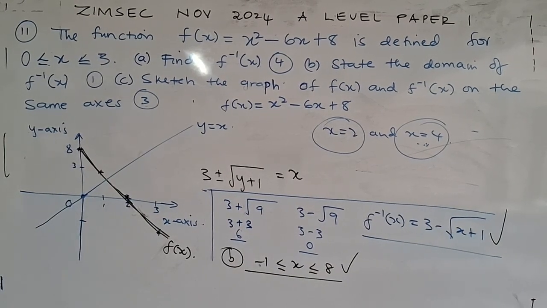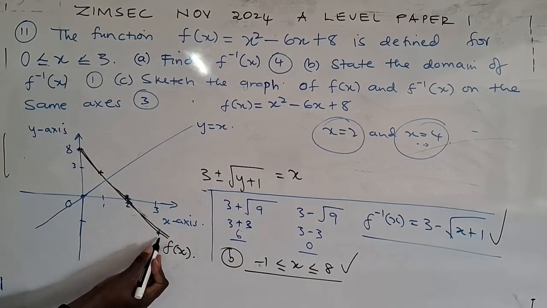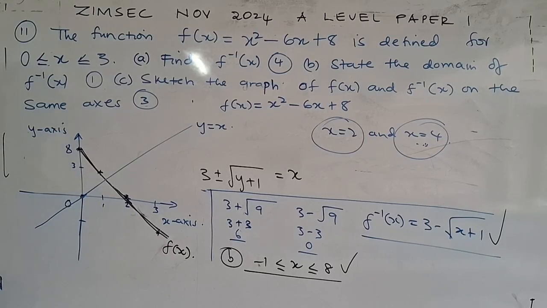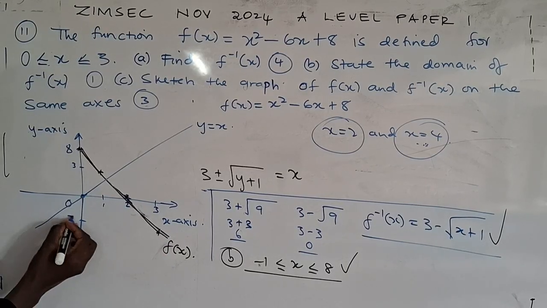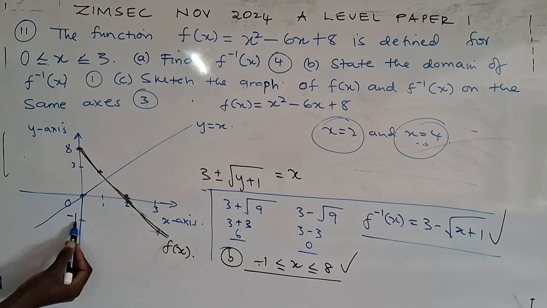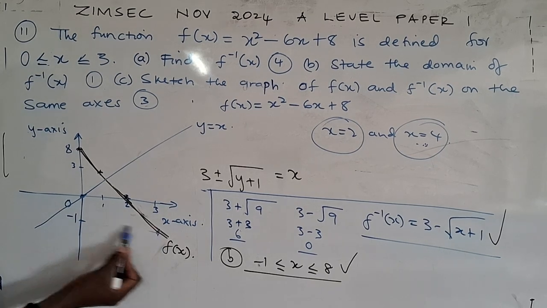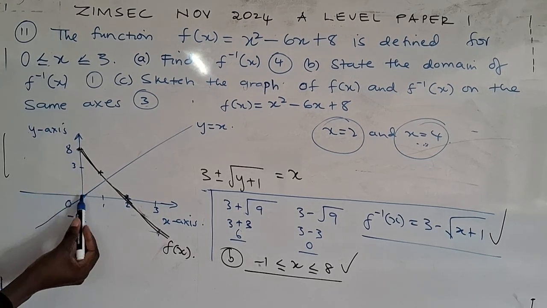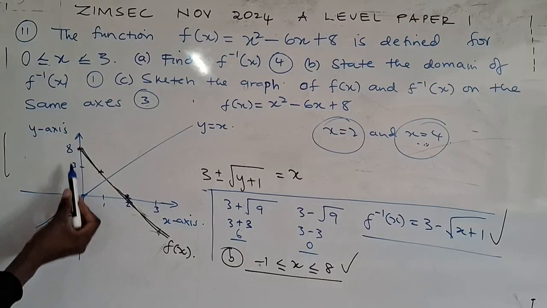If you reflect this graph, this point is negative 1, if it is 3, this is negative 1. This is 8, this is 0, this is 2. What will happen if you reflect?